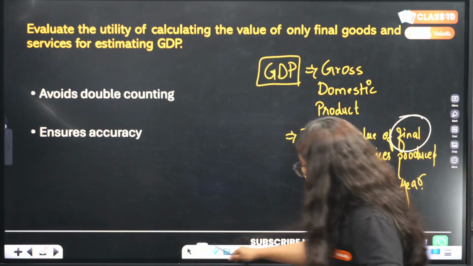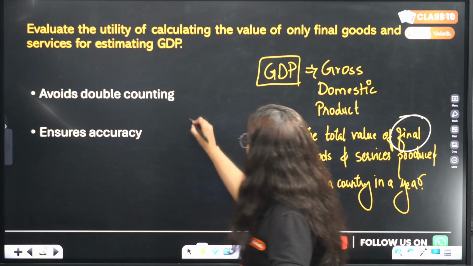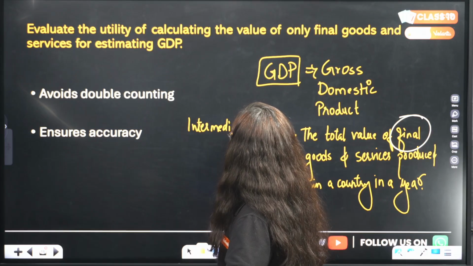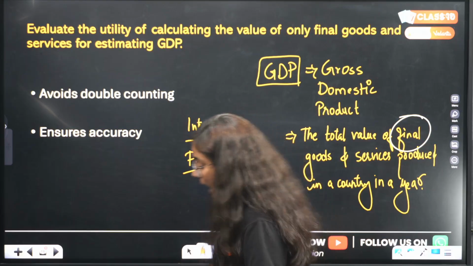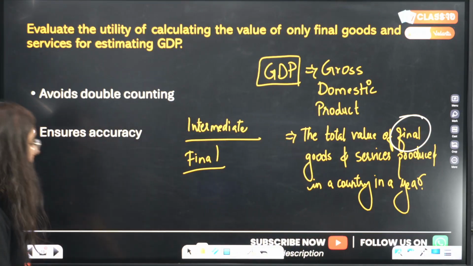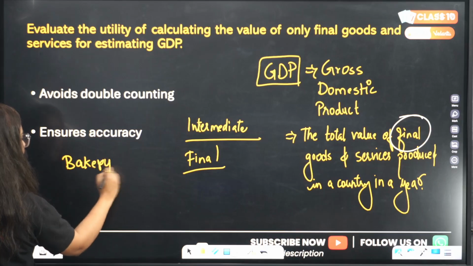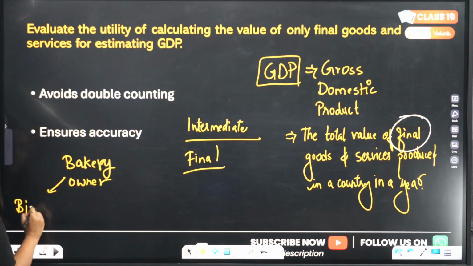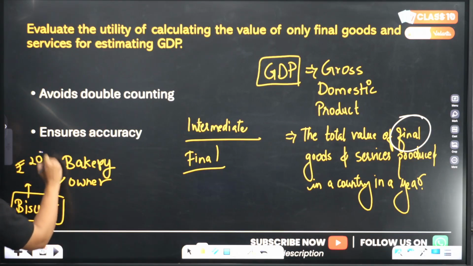There are two types of products that are made in our country. One is the intermediate product, and the other one is the final product. Fine, beta. Now consider an example that I am a bakery owner. I make biscuits and sell them to the market at 20 rupees each.